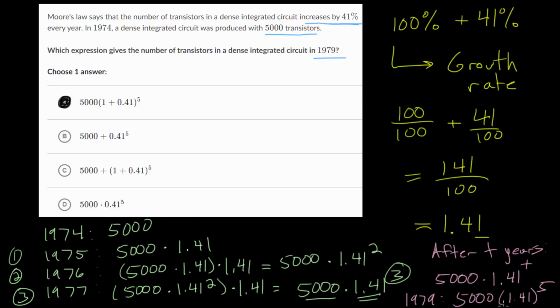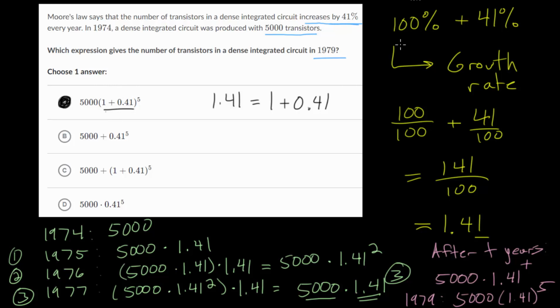Now it doesn't look exactly like we have it, because here we split up the 1 and the 0.41. But we know that 1.41 is equal to 1 plus 0.41. So this is equivalent to what we have here. And often you do see it written like this, where you have this 1 plus whatever the amount you're increasing it by.